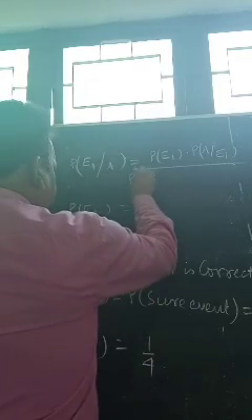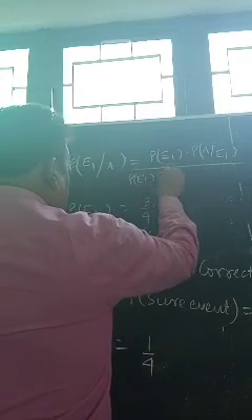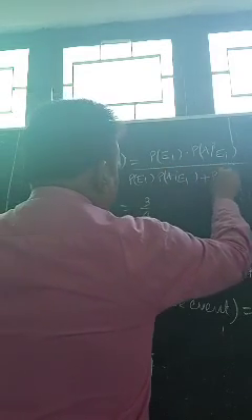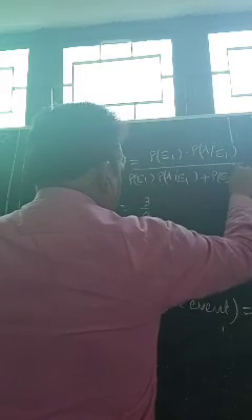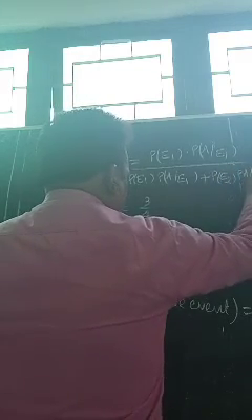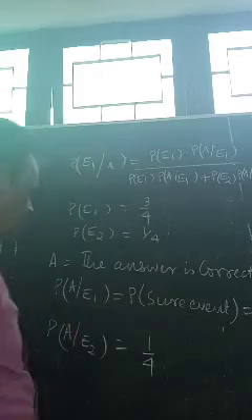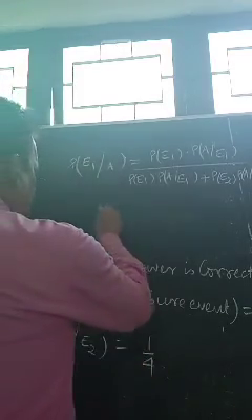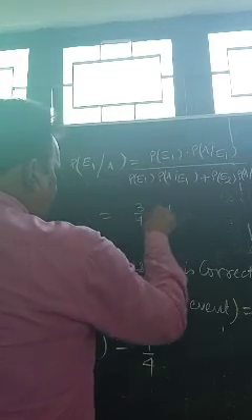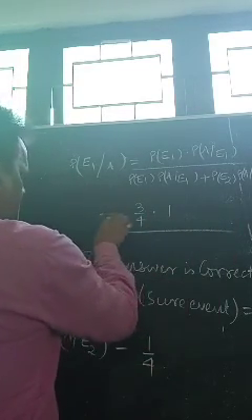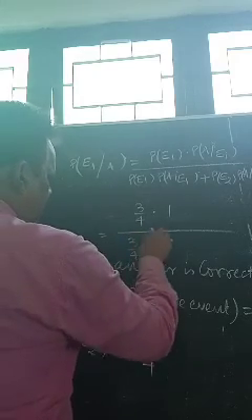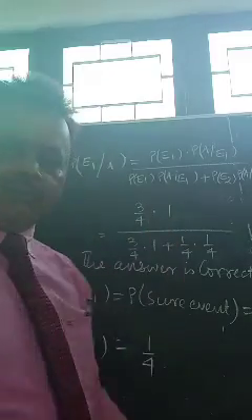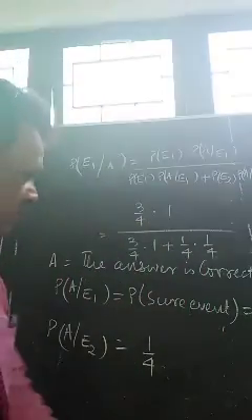So probability of E1, A E1 plus probability E2, A E2. So put the values. What will you get? 3 upon 4 into 1 by 3 upon 4 into 1 plus 1 upon 4 into 1 upon 4. Simplification that you can do. So that will be your work.